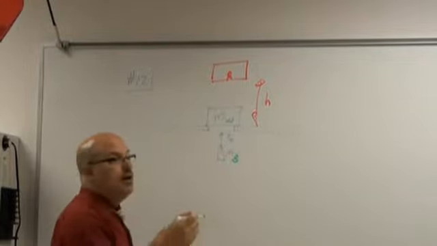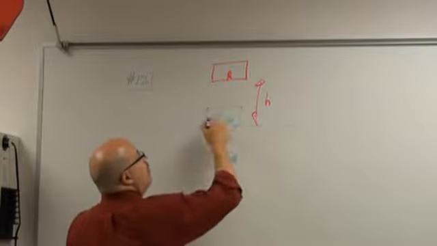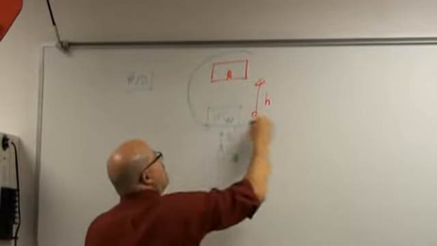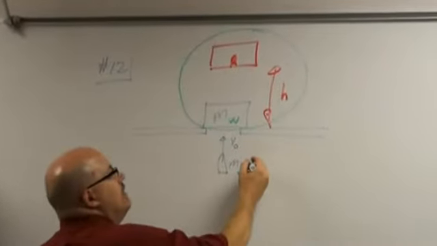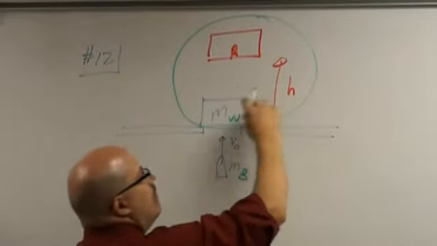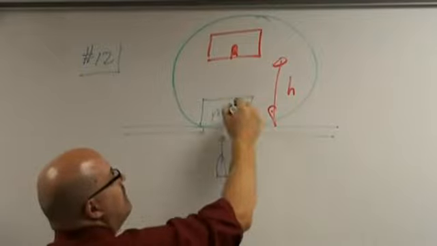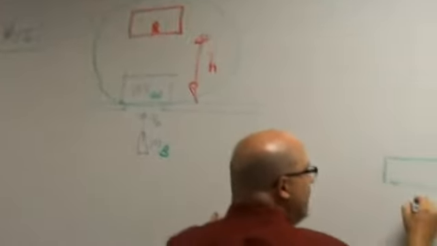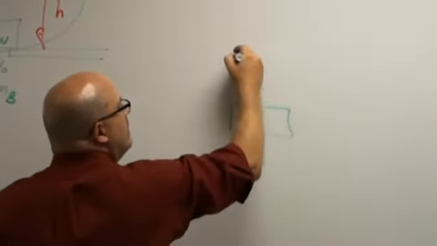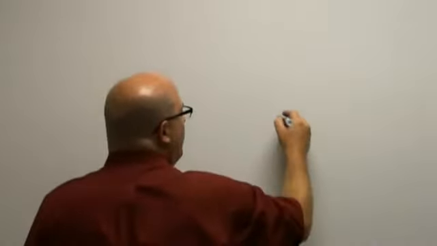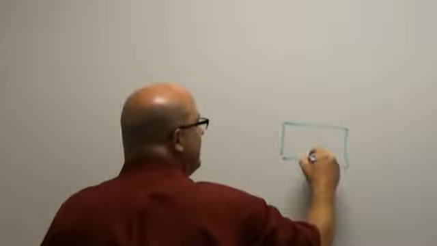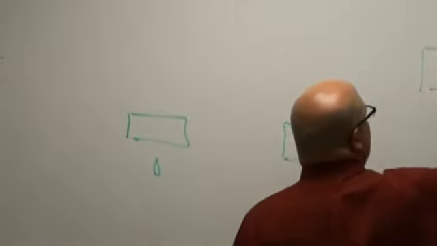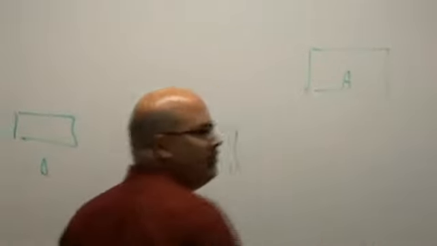Well, in the kinetics, you go to potential. So from here to here, the potential. I'm going to call this location 2 when they get hit. So what we really have is this: bullet before it hits, then bullet when it hits, and then bullet and block after it hits and goes to its maximum height.